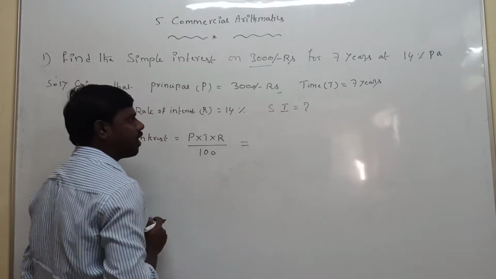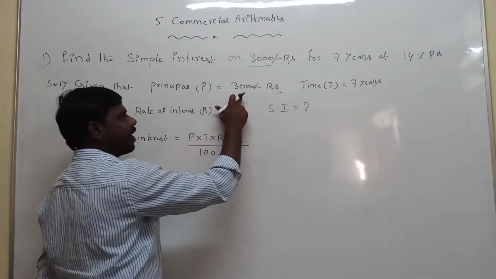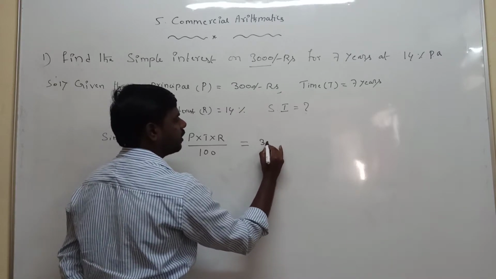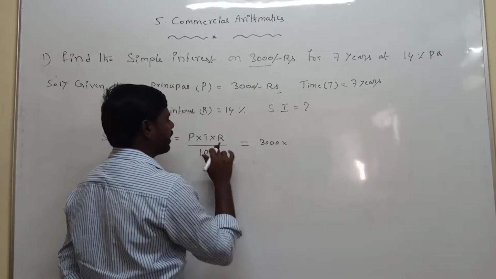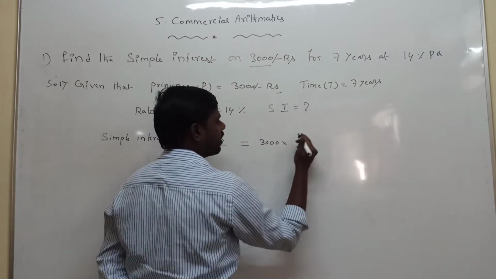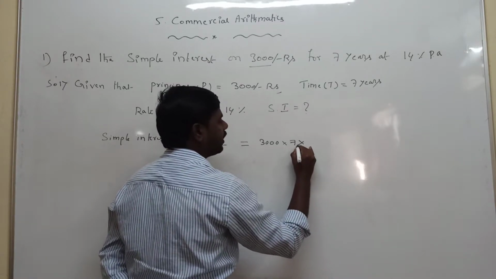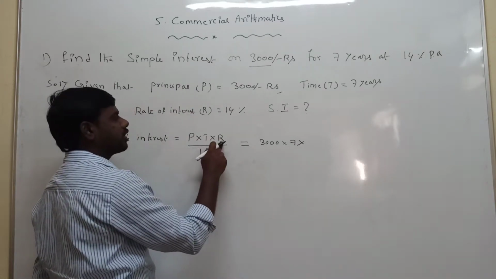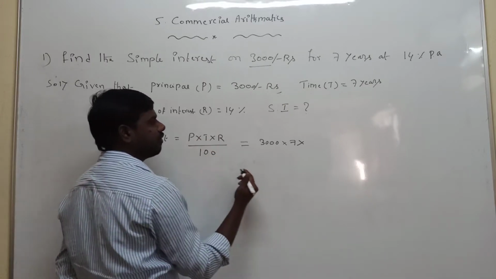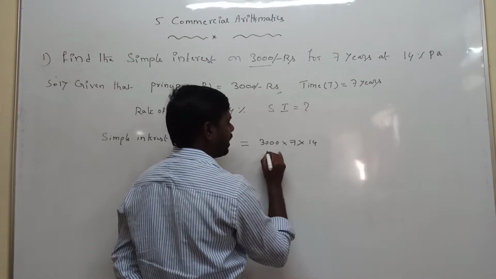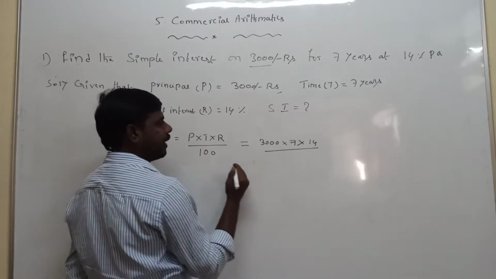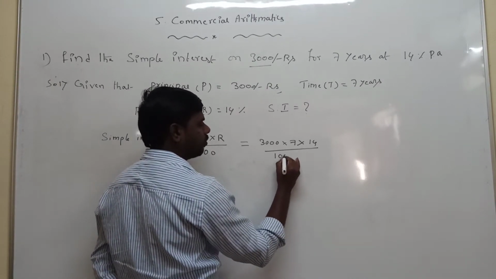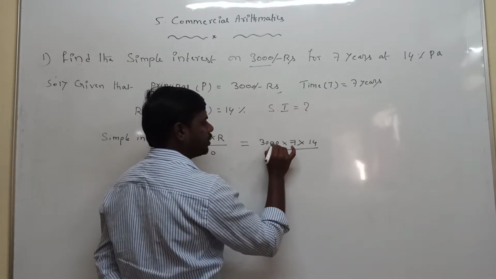Now substituting the values. Principal value 3000, into time, 7 years, into capital R, the rate of interest, 14, divided by 100. These two zeros get cancelled.